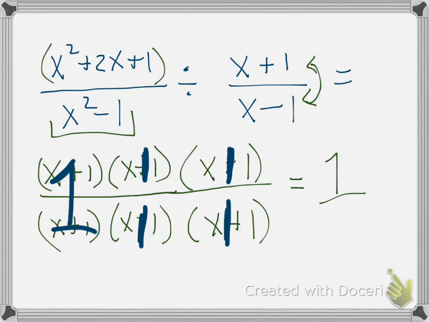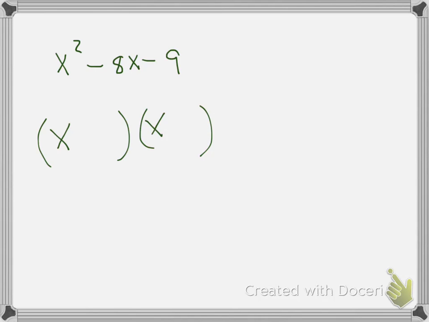So, really, the key to doing well on this test is going to be, can you factor? Can you factor something like x squared minus 8x minus 9? Can you get x and minus 9 and plus 1?